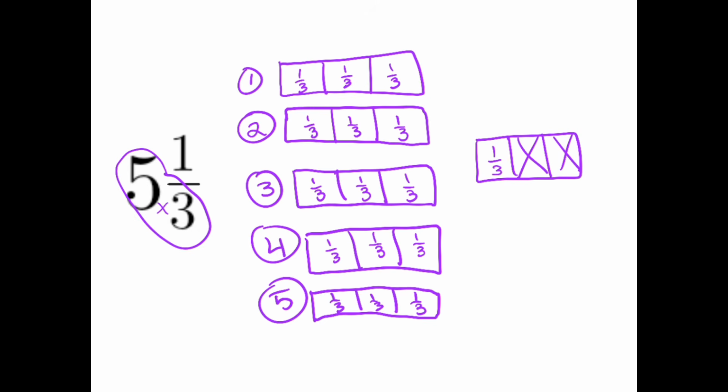You have 5 groups of 3. 3, 6, 9, 12, 15. 5 times 3 is 15. Then we are going to add this 1, which is here. This is going to make 16. So we have 16 thirds. So 5 and 1/3 is equal to 16 thirds.